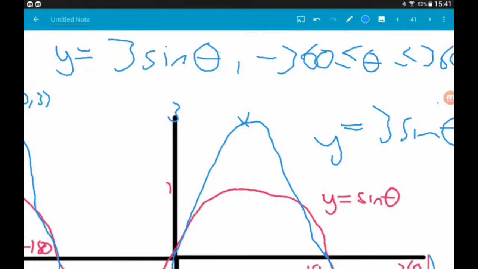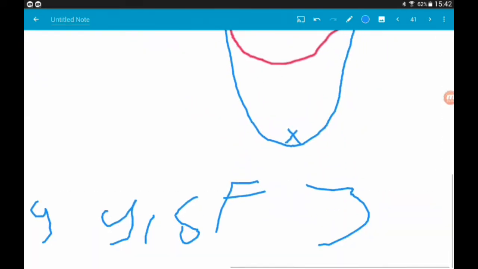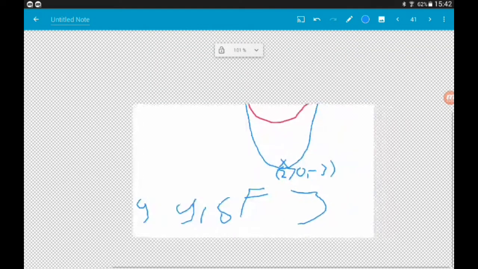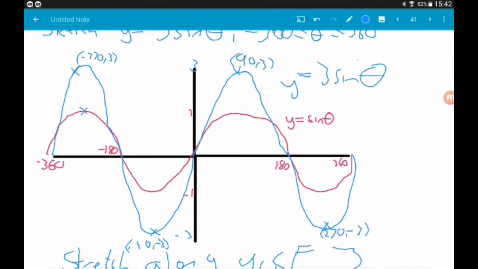This one up here is now 90, positive 3, and this one down here is 270, minus 3. So there's our sketch of 3 sine theta. Good times.